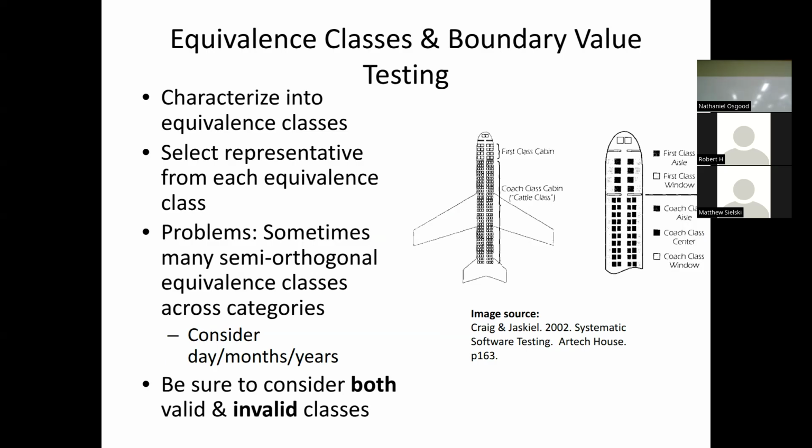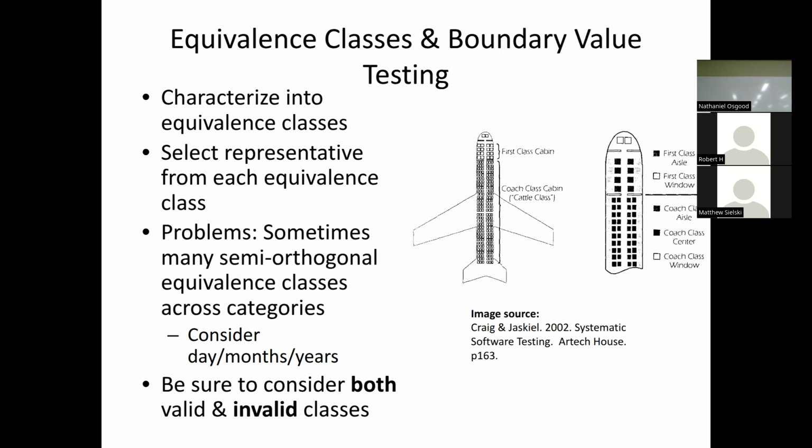We want a system that's robust, given inputs that are not legit, but it should detect. Those fall into a couple types, right? And so if we were dealing with reserving seats, for example, on a commercial airliner, we might classify seats.